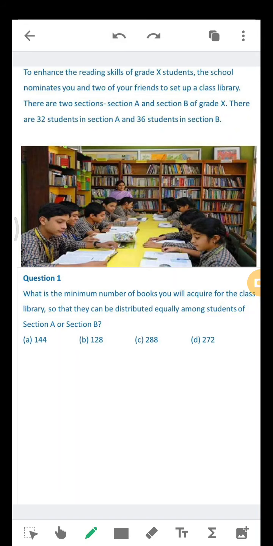We have to find how many books should be kept in the library so that both the sections' students get an equal number of books. So for that we will find the LCM of 32 and 36.